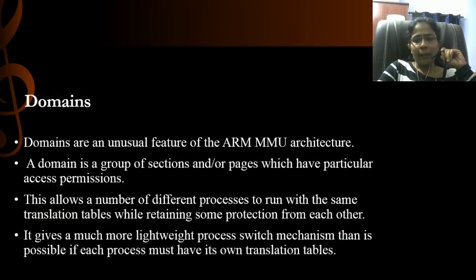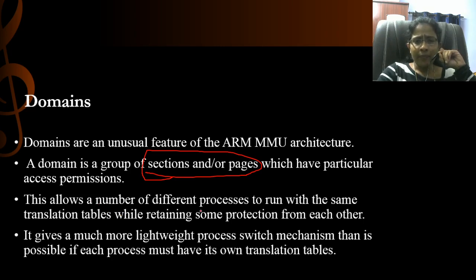And domains. What is a domain? A domain is a group of sections or pages. It comes into the picture when many processes are running at the same time with the same translation tables, but they must be protected from each other.